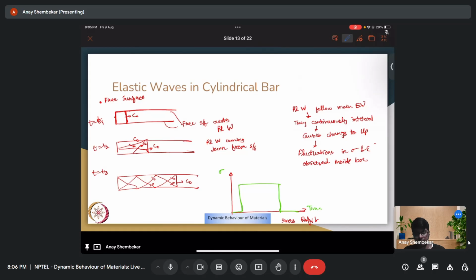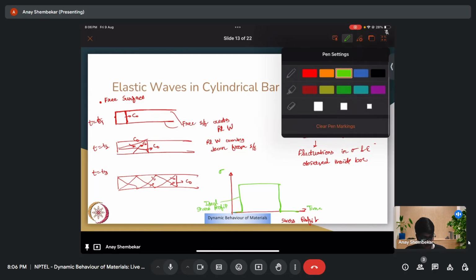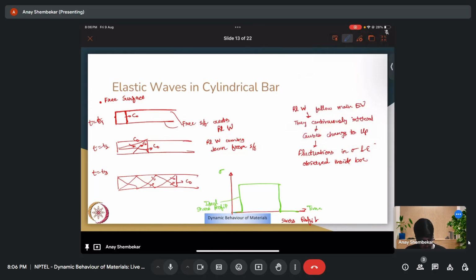And if I draw this, this is my ideal case, ideal stress profile. If I now include, say, the inertia effects, but more importantly the free surface effects, what I would get is something like this. So this is my real stress profile.